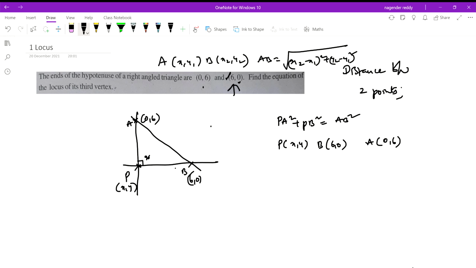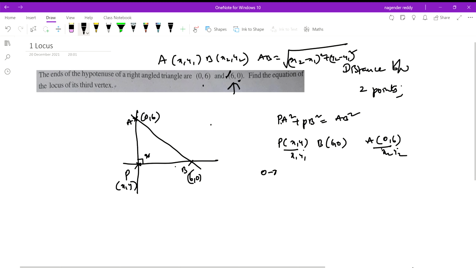Now find PA square, P and A. Assume these are (x1, y1) and (x2, y2). PA square means (x2 minus x1) whole square: (0 minus x) whole square plus (6 minus y) whole square, plus PB square.